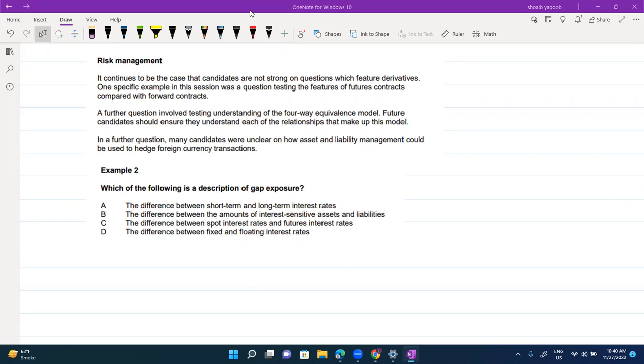D: the difference between fixed and floating interest rates. B is the answer. Excellent.